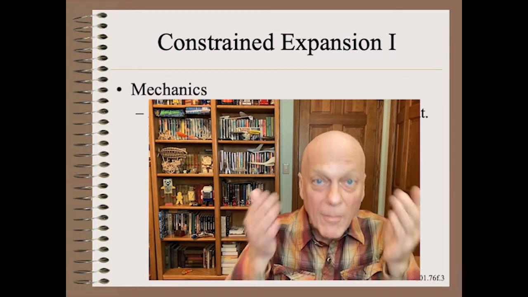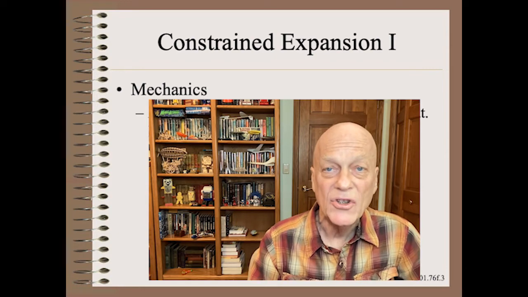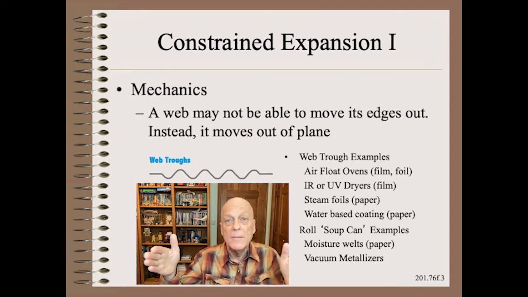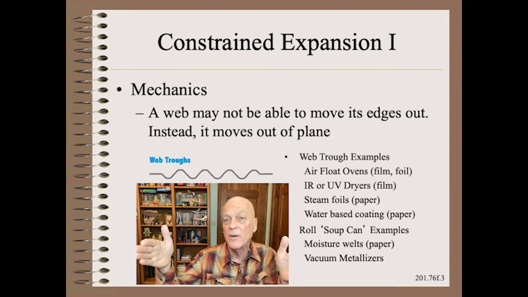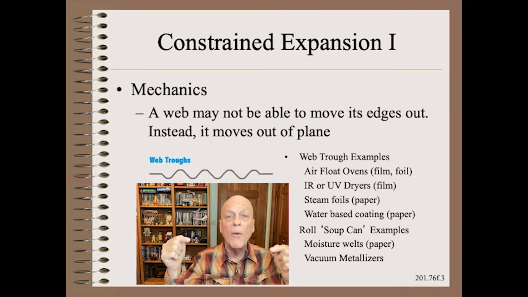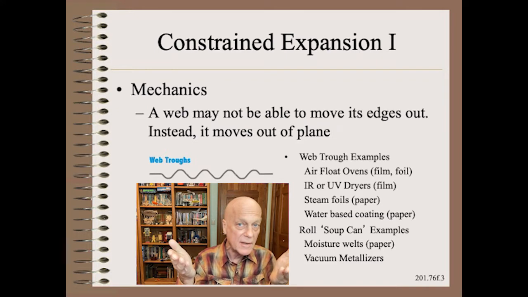Let me first remind you of a bit of physics with regard to constrained expansion. This occurs when the web is in an open web span but wants to get wider. But it can't, because it's easier to buckle than to move or push edges outward. I like to think of this as not being able to push a rope. It will buckle instead, especially if thin.